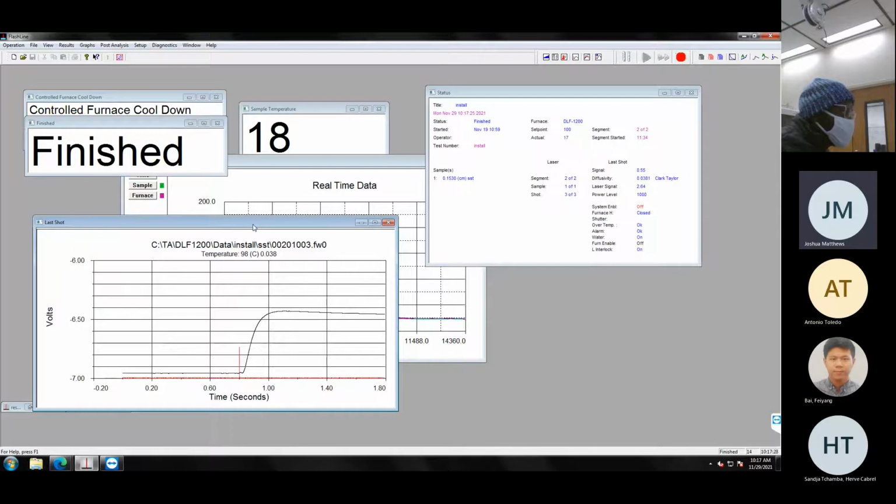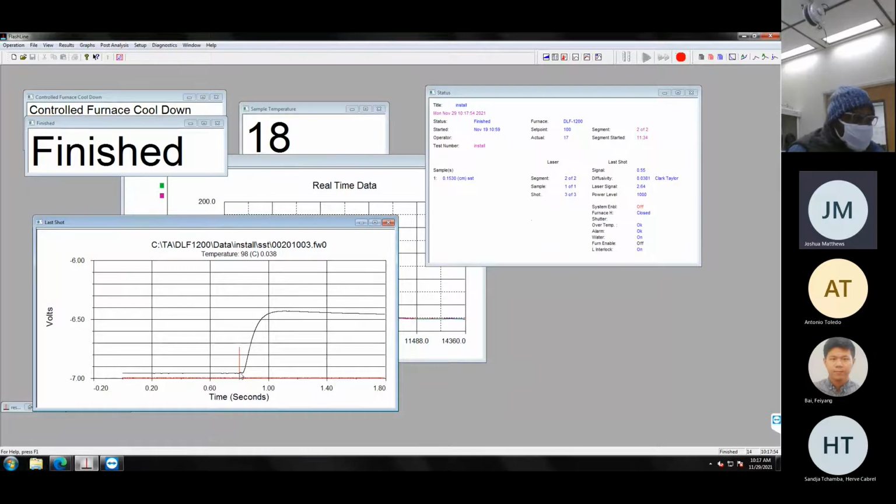The shot is when the laser flashes the sample and is read by the detector, right? So the red line is our pulse. That's the laser pulse, when you hear the pop in the bottom section of the instrument. And then the black line is the rise measured by the detector.